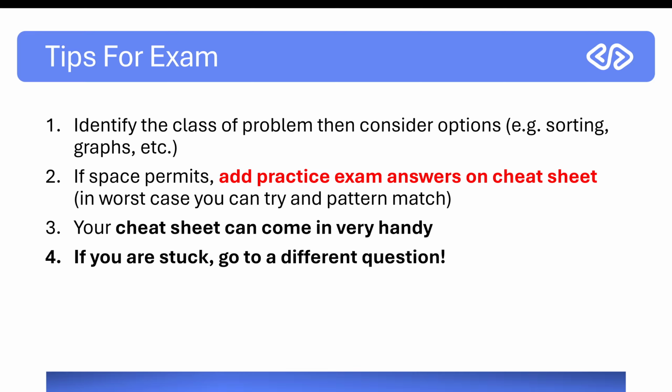So just go try something else so you save some time and come back when you have no other options. That's my advice for that. And probably you can start with the question you're most comfortable with. That's another good strategy.